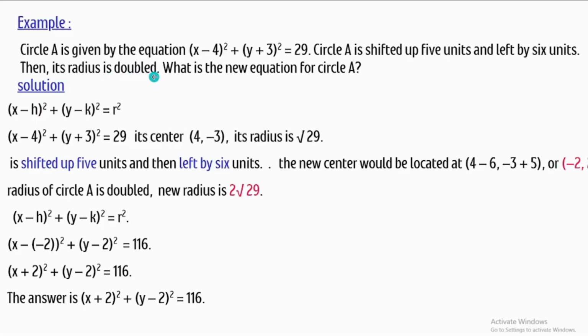These 3 steps happened after the circle was in this equation: it's shifted up by 5 units, shifted left by 6 units, and the radius doubled. What is the new equation of the circle?